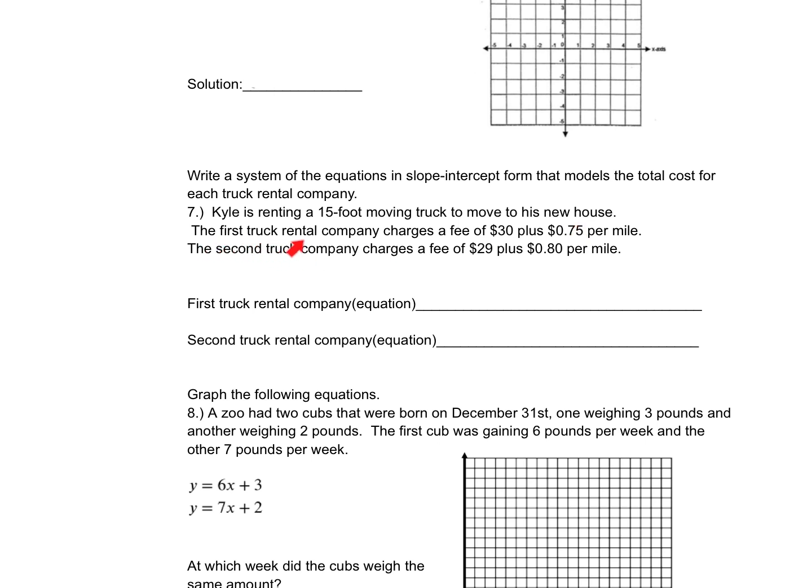The first truck rental company charges a fee of $30 plus 75 cents per mile. The second truck company charges a fee of $29 plus 80 cents per mile. First truck rental company in equation. So they charge a fee of $30 and then 75 cents per mile.